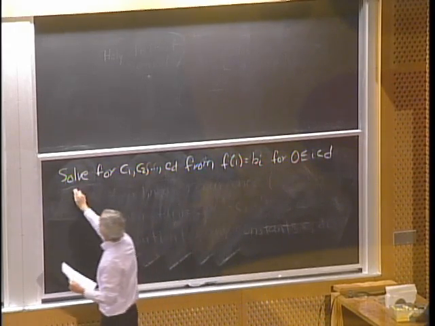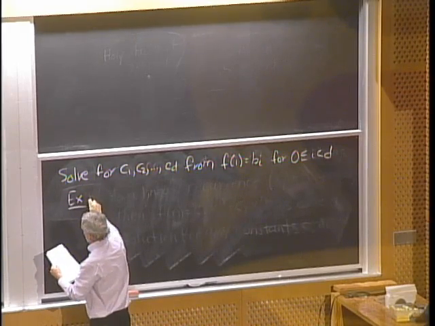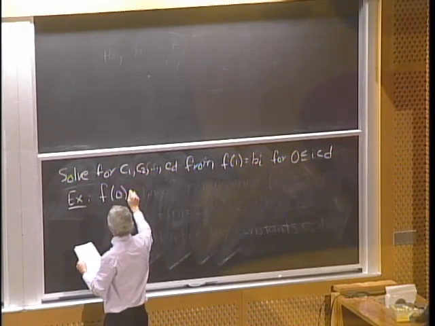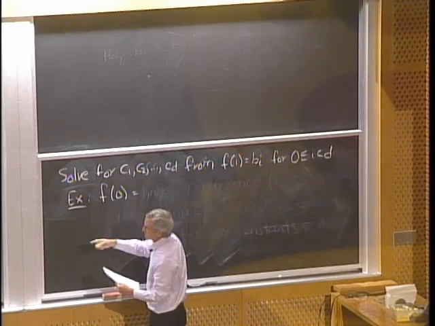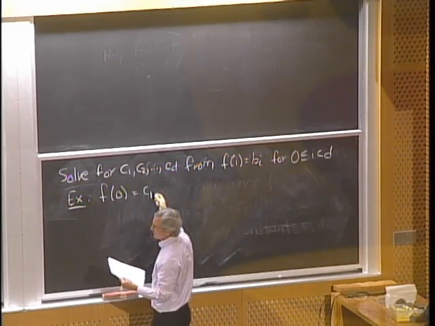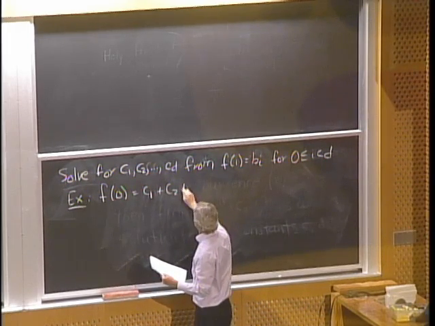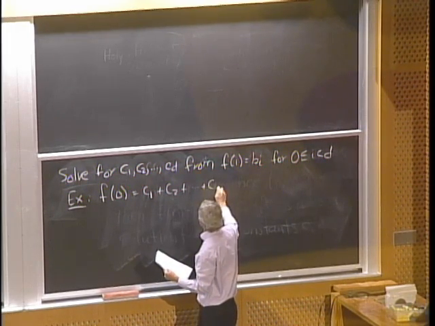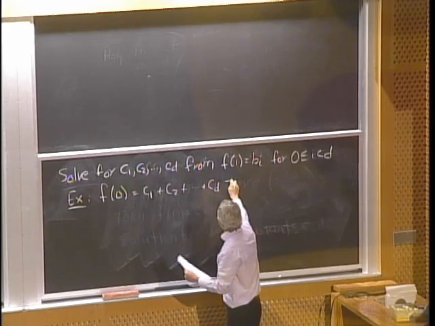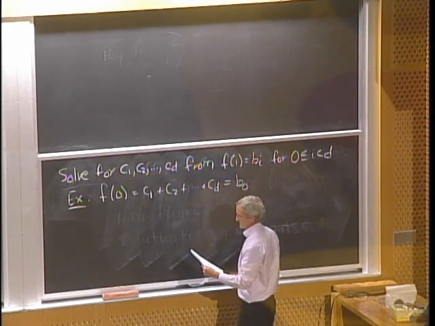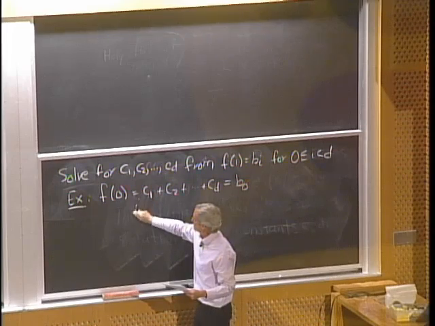So, for example, we know that f of 0 is C1 times alpha 1 to the 0, which is 1, C2 alpha 2 to the 0, plus Cd. And that's going to be equal to b0. And so forth.